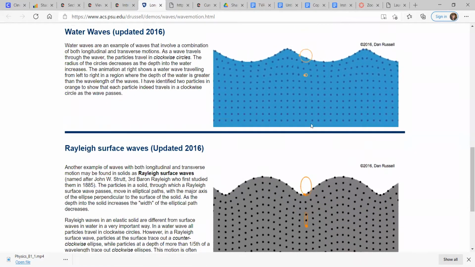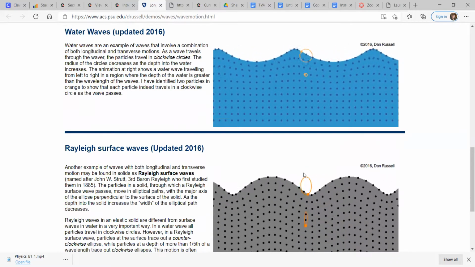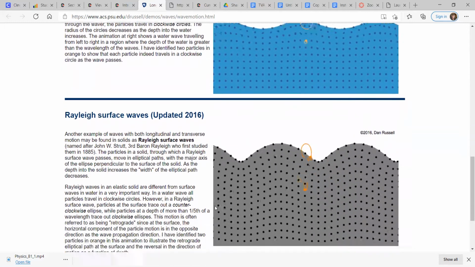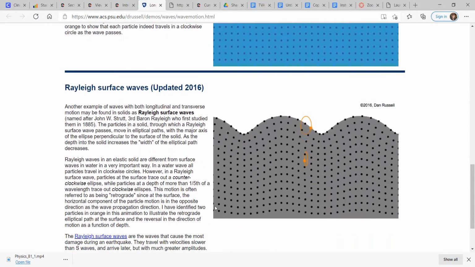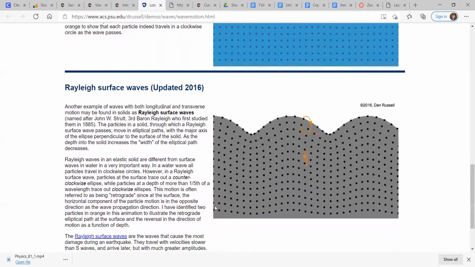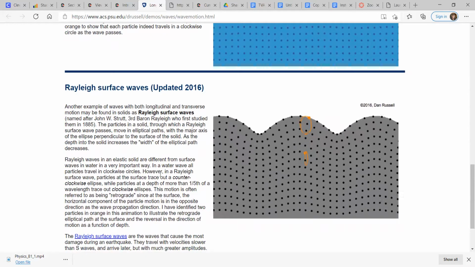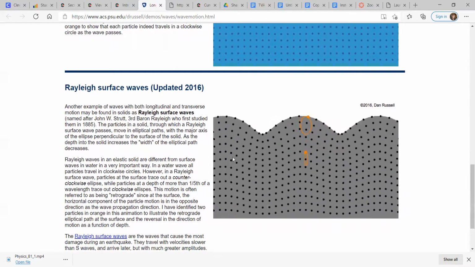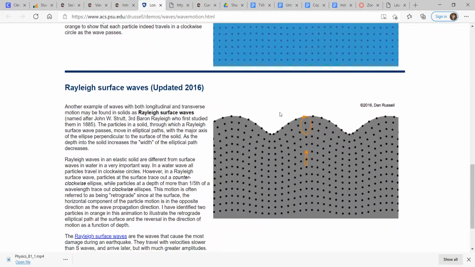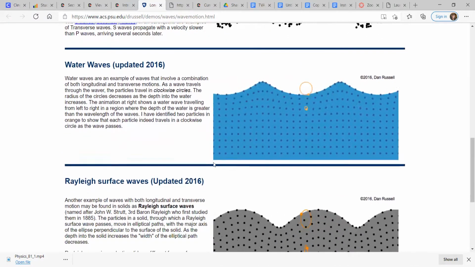So less a circle like this and more an elongated circle, like a stretched circle is what an ellipse is. And they are different from surface waves in water in very important ways. So these move in a counterclockwise motion. So they're going the other way, while water moves in a clockwise direction, the way a clock runs.